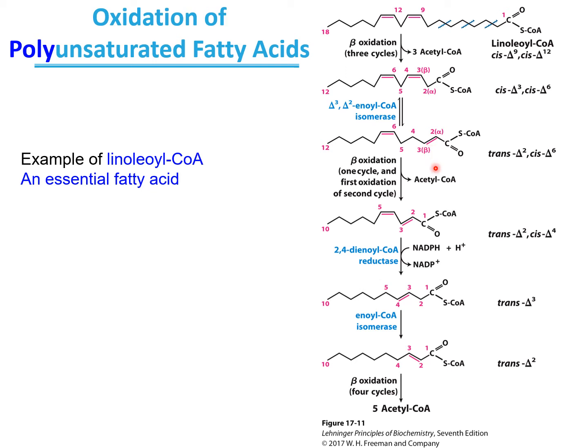This will then undergo a reduction of this cis double bond, which will then release a fatty acid with only one trans double bond that the enoyl-CoA isomerase can take care of, and will continue in the next steps of beta oxidation, just like was shown for a monounsaturated fatty acid.